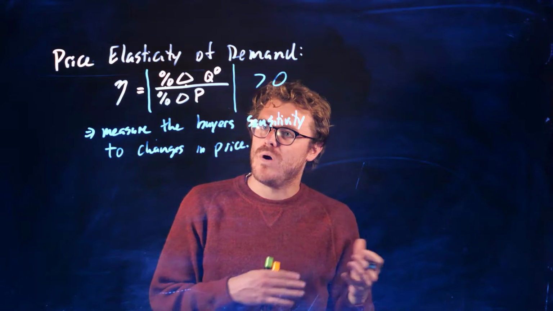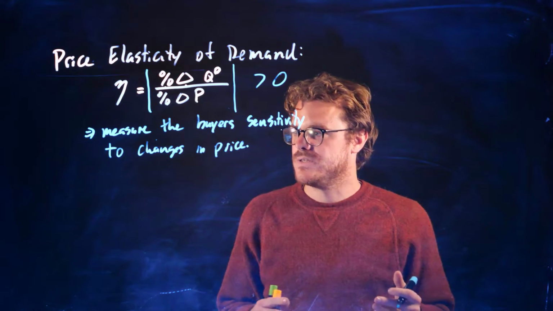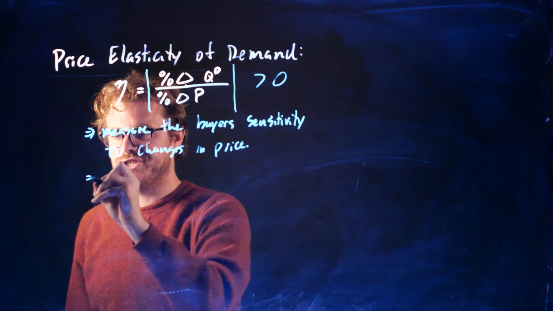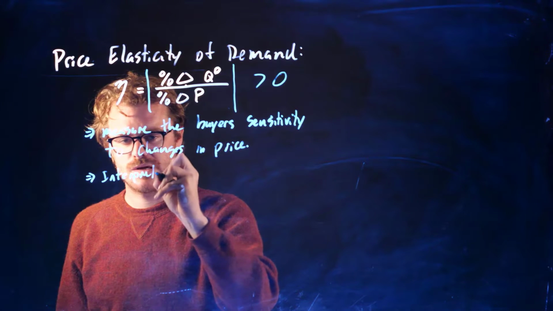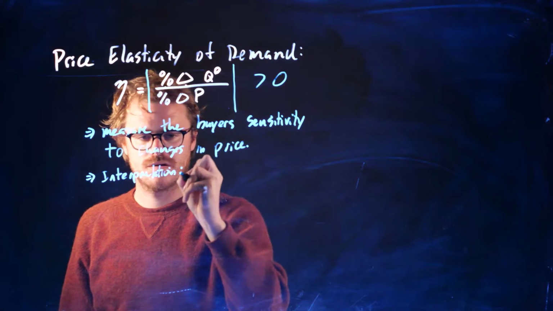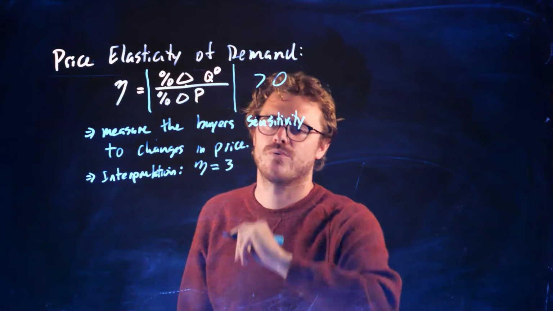So it's measuring how quantity demanded changes from changes in price. So in terms of interpretation, say we got eta equals 3.